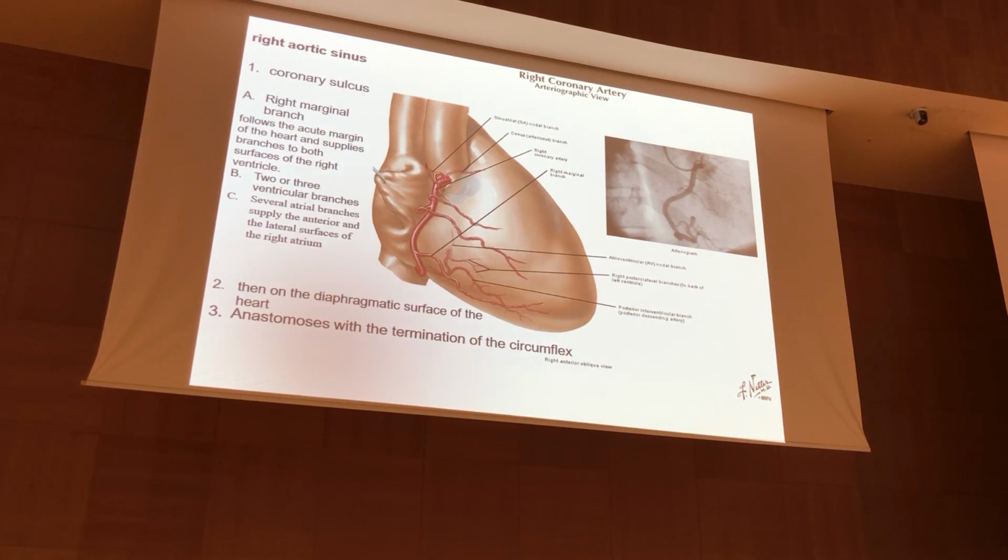But before it does so, it's going to give us right marginal artery. So it's going to supply the right ventricle, the inferior surface of the right ventricle, this right marginal artery, both surfaces actually of the ventricle. And then the right coronary artery is going to wind around the heart opposite to the circumflex. Circumflex will come from here, and this is the right coronary artery, and they anastomose with each other.